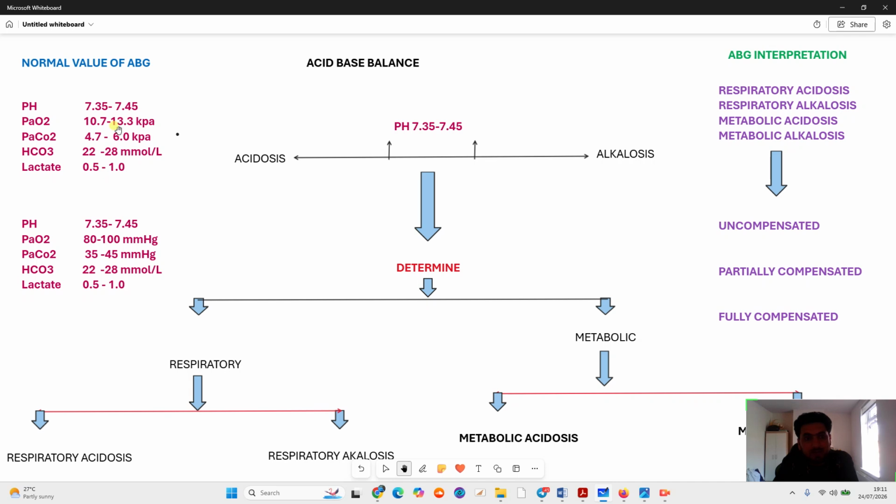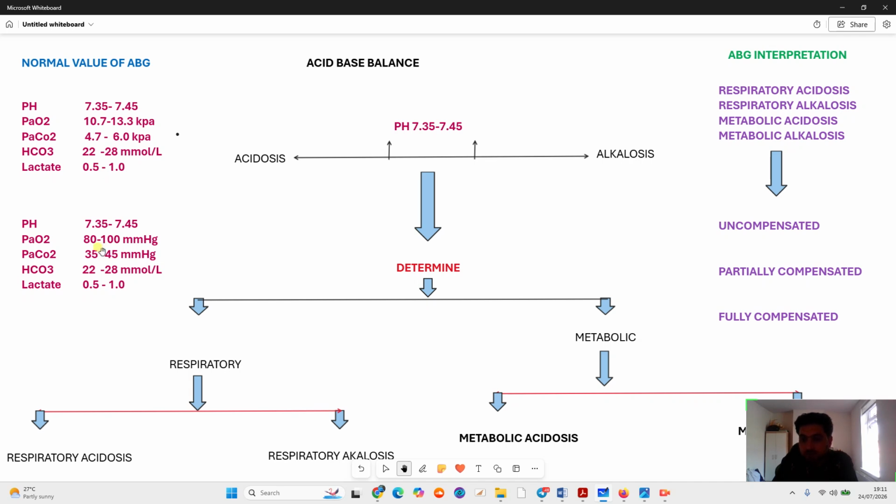Normally it is between 10.7 and 13.3 kilopascal. Partial pressure of carbon dioxide is between 4.7 and 6 kilopascal. Bicarbonate level is between 22 and 28 millimole per liter. And the lactate is 0.5 up to 1. So these are the normal values.